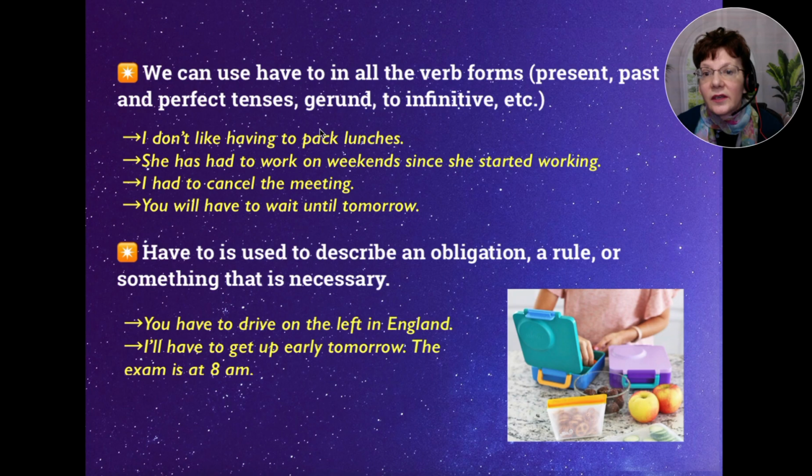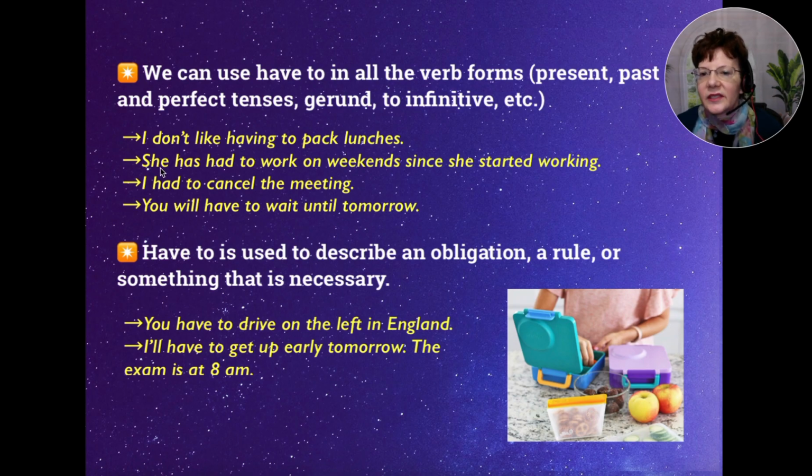Okay, we can use have to in all the verb forms: present, past, perfect tenses, gerunds, to infinitive forms, etc. Okay, so we have I don't like having to pack lunches. This one's the gerund form, verb that ends in ing.